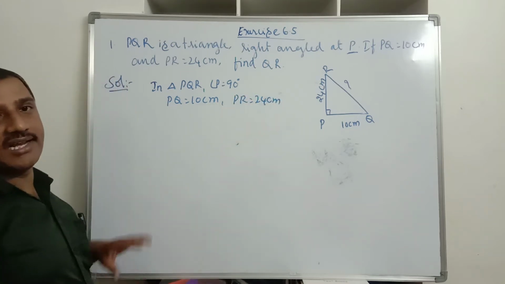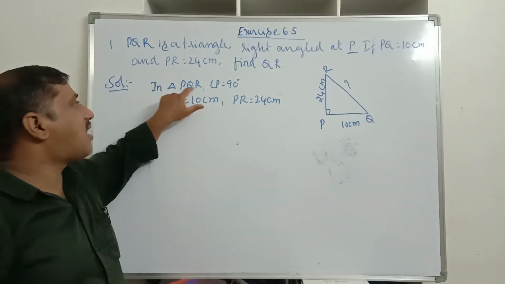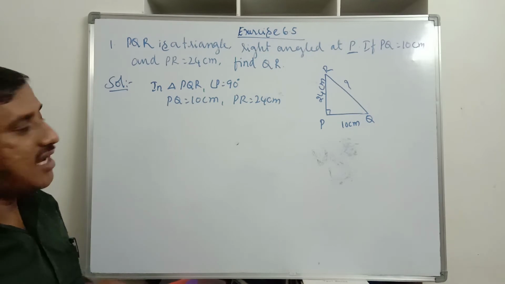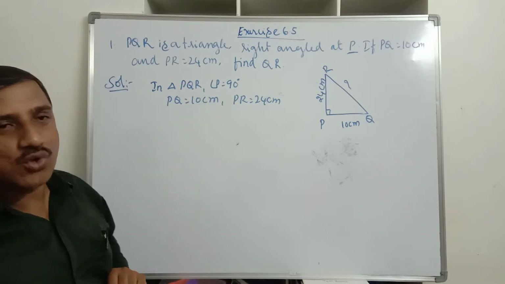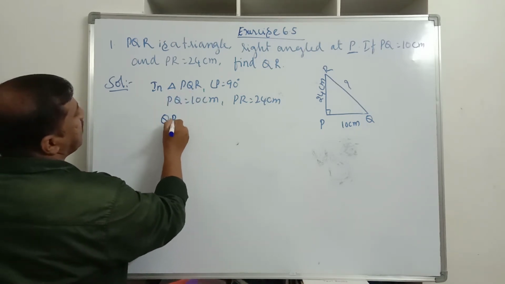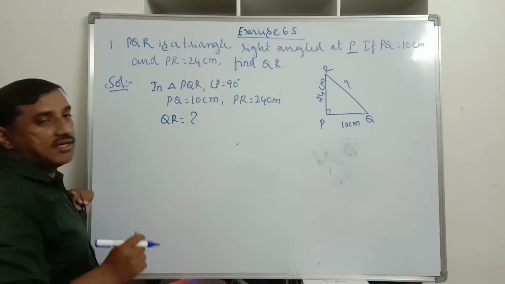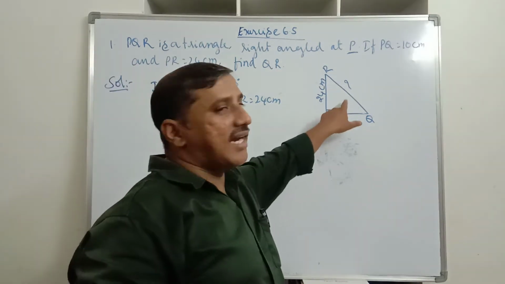That is the given data. Write the given data. What we have to find? QR is equal to how much? So in this triangle, angle P is equal to 90 degrees, so it is a right angle triangle.